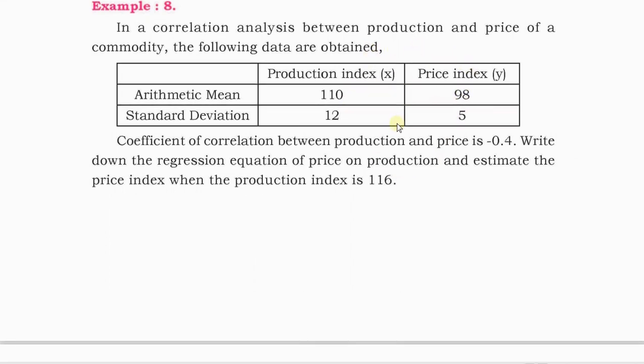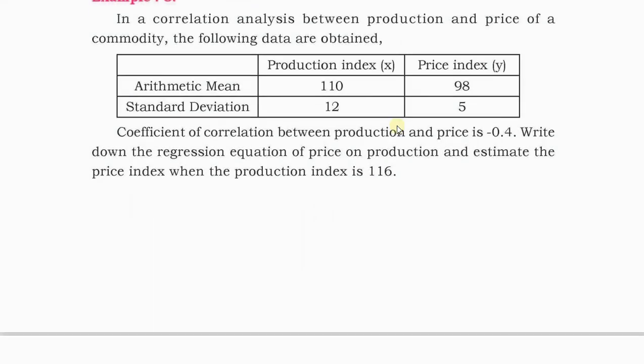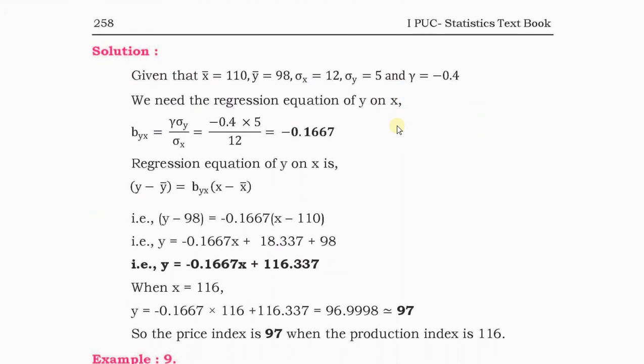Now let us look at the problem being solved here. Here we have the correlation coefficient as well as the standard deviations. Hence, we need the regression coefficient byx. Our equation here will be y minus y bar is equal to byx into x minus x bar.